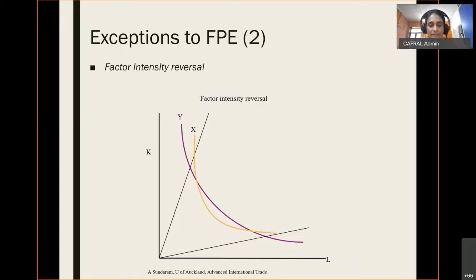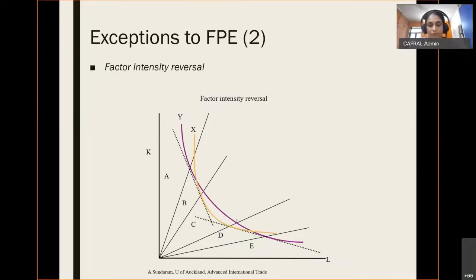What this means is that if you have a particular wage rental ratio, so suppose you take a country like India that has a lower wage to rental ratio. Wages are relatively low relative to the cost of capital in India. In the United States, let's take a case where the wage rental ratio is very high. It has a high W over R. Then what these isoquants are telling us is that in India, good X is going to be the more capital intensive good, and good Y is going to be the more labor intensive good.